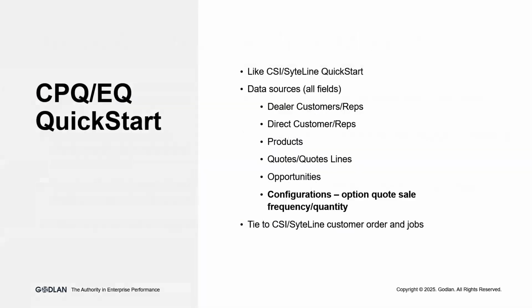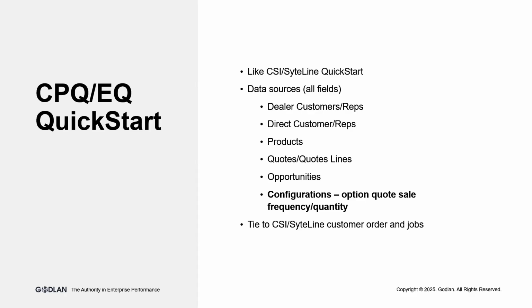The title of this is about Sightline, our QuickStart, but we also offer a QuickStart around CPQ, EQ, and we have a lot of customers that are going through a configuration process, and those configurations are working through the configure, price, quote, and enterprise quoting functions. And there are nuances to processes, but we've got customers that are going through that cycle, wanting to do metrics around the quoting process, get into a deeper dive around the configuration.